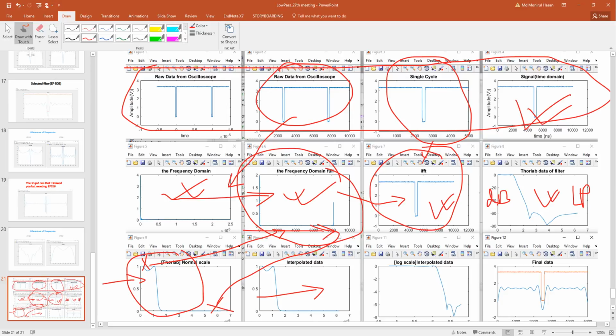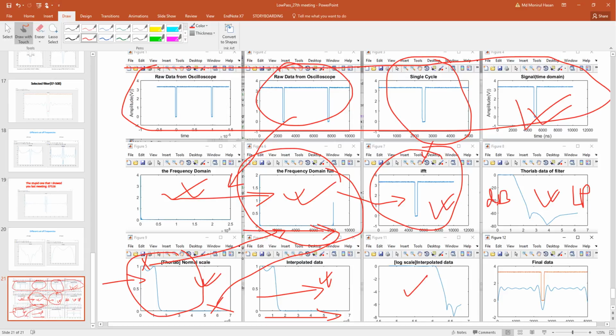After the interpolation, we have changed the x-axis of the Thorlabs data. If you look at both graphs of the Thorlabs normal response, this one and this one, they look similar, but the actual x-axis points in the matrix will be different, because we are just interpolating to match our original data.